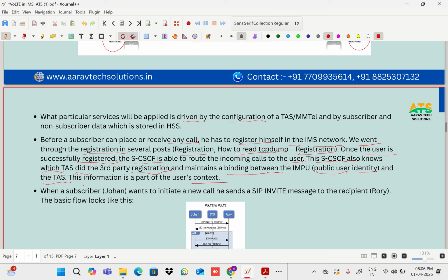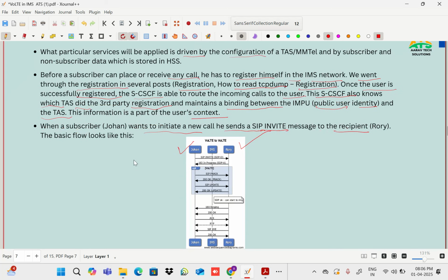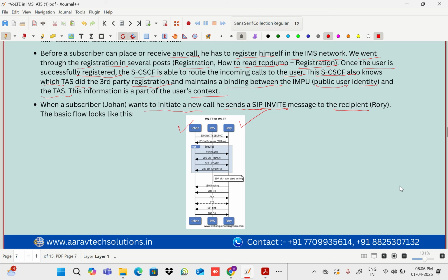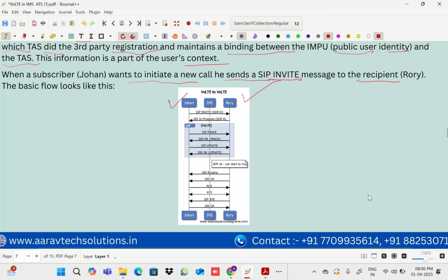When a subscriber John wants to initiate a call, he sends a SIP INVITE message to the recipient Rory. It's John, it's Rory. The basic flow looks like this, so we can understand. So, VoLTE to VoLTE call.